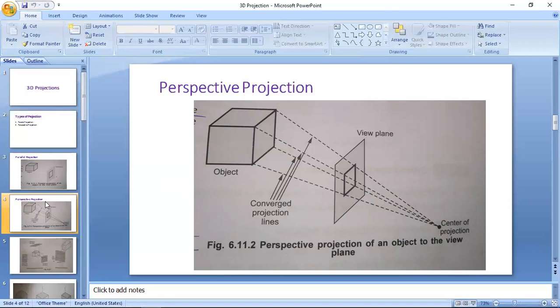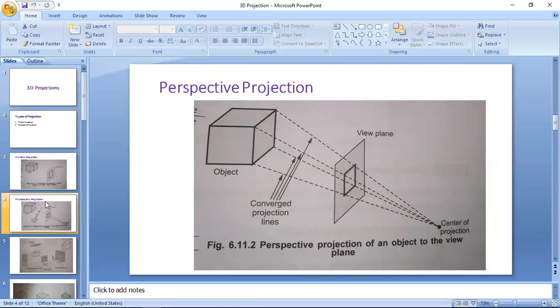If the object has, say, 4 units along each of the three axes, then in the image you will get it a little smaller, let's say 2 units on each of the axes. So the size gets smaller than the original object.